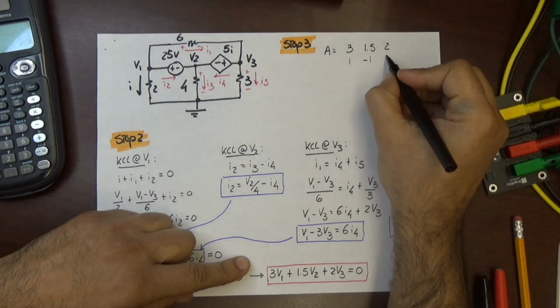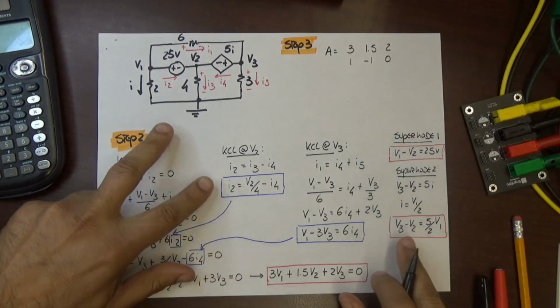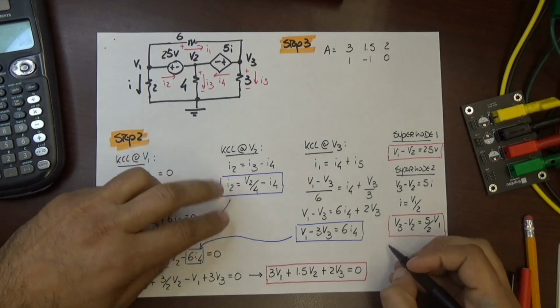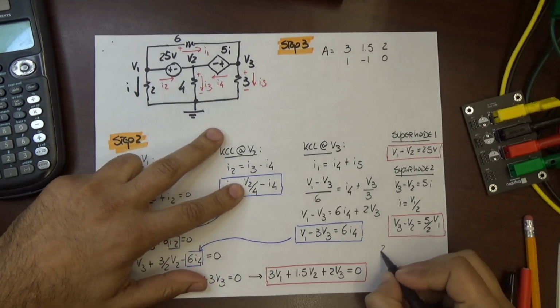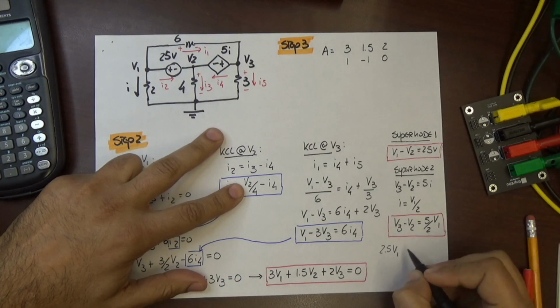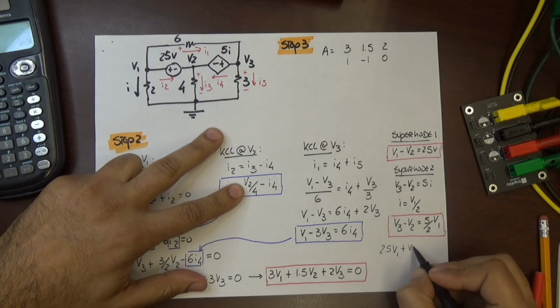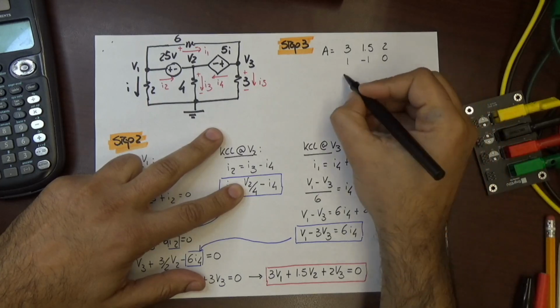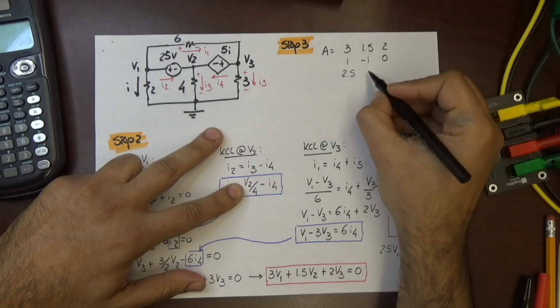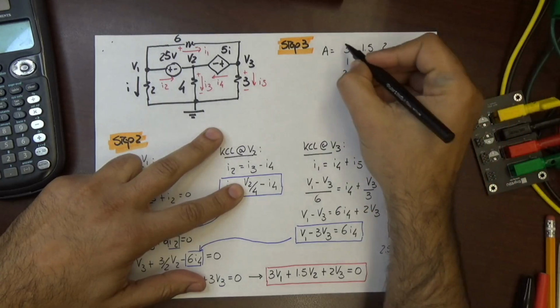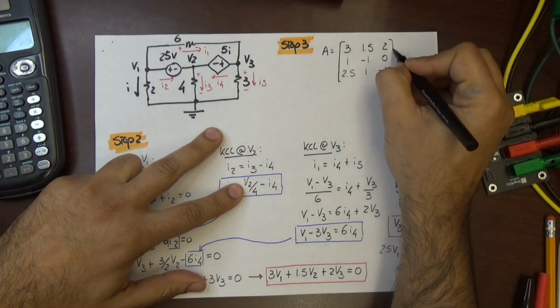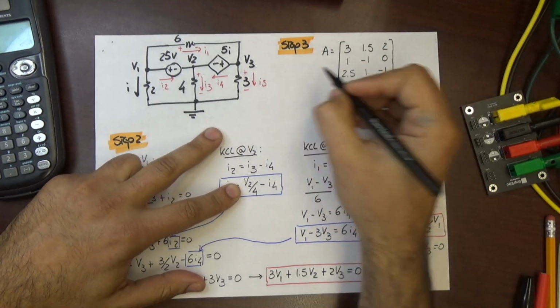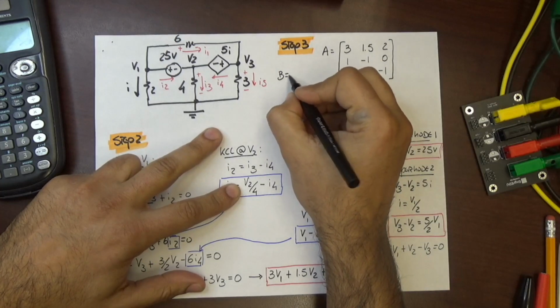And I'm actually going to rearrange this equation. I like to put it in this fashion so I don't make mistakes and I don't forget terms. All right, so I get minus 2.5, sorry, 2.5, 1, and minus 1. All right, that's your A. And now B is just the result of those equations. So 0, 25, 0.